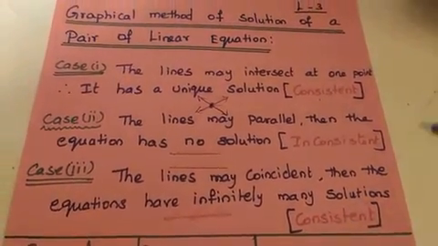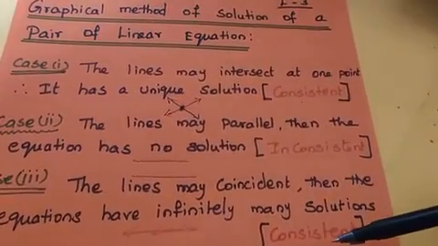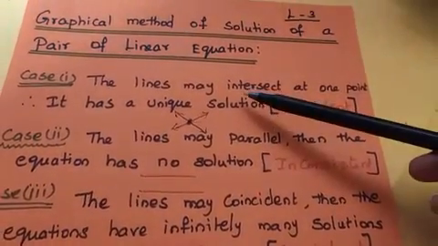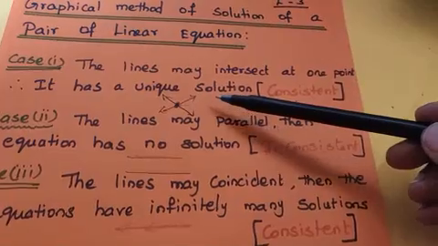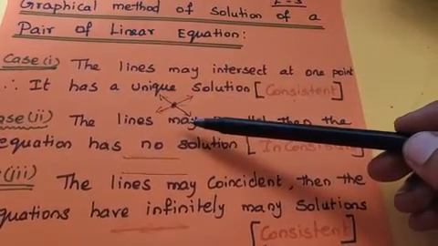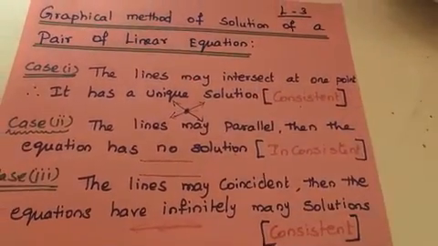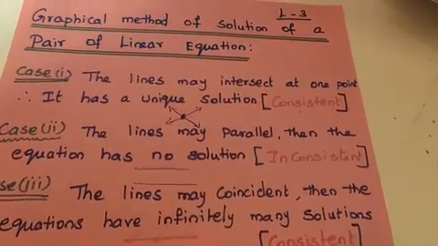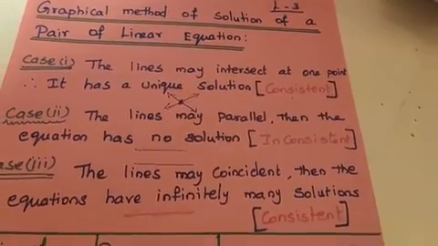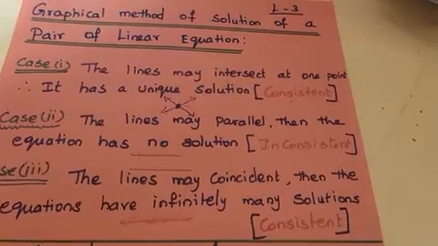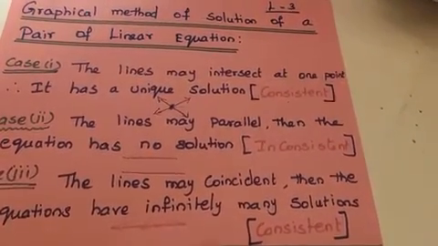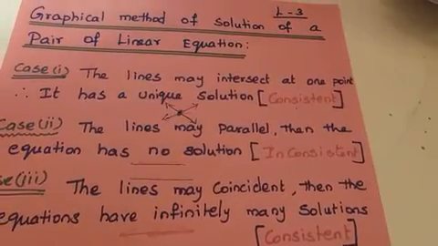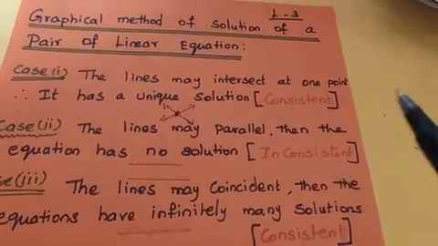So how can we compare with the ratios? If the lines are intersecting, meaning a unique solution, then the ratios a1 by a2 and the others are all different in value; they do not have the same value. If all the ratios are different, not equal, then it is consistent, that is, it has a unique solution.